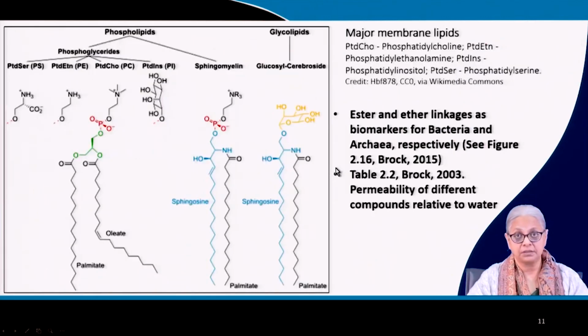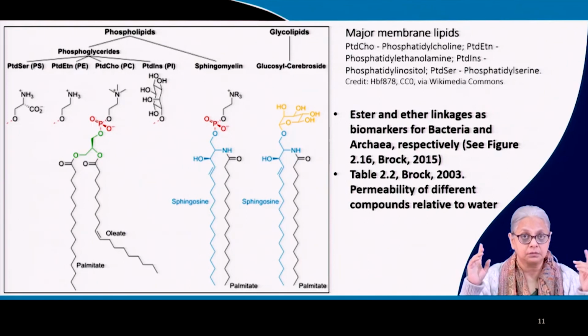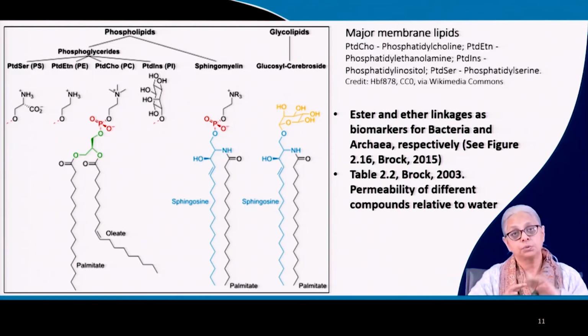Archaeobacteria, on the other hand, which I have been saying go back a long time in the evolutionary past of living organisms, have ether linkages. So that is used as a biomarker to separate archaeobacteria from bacteria.